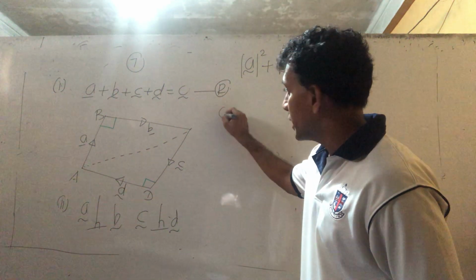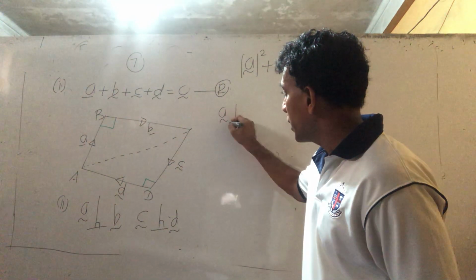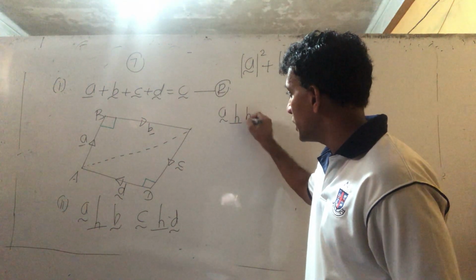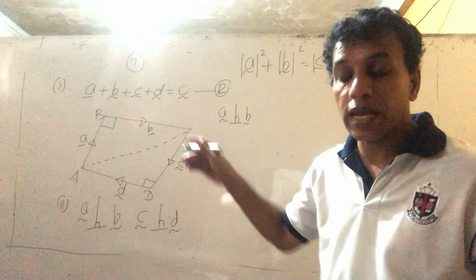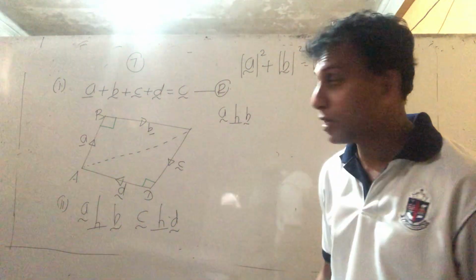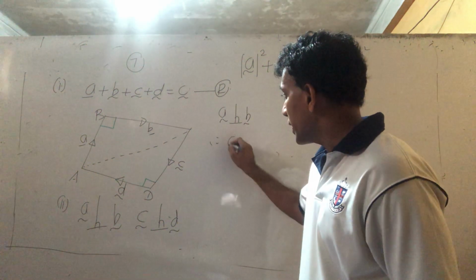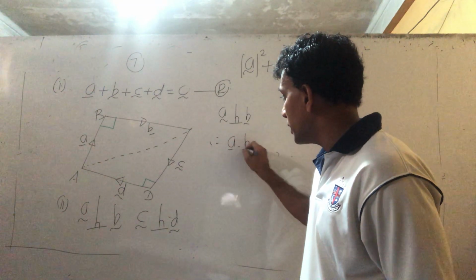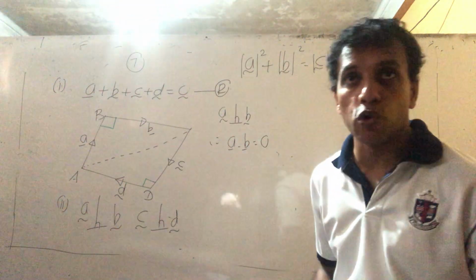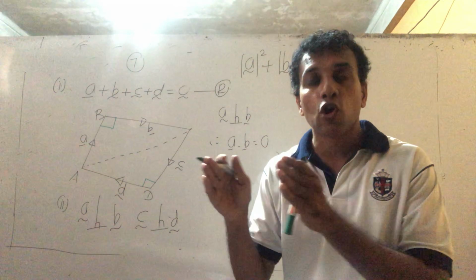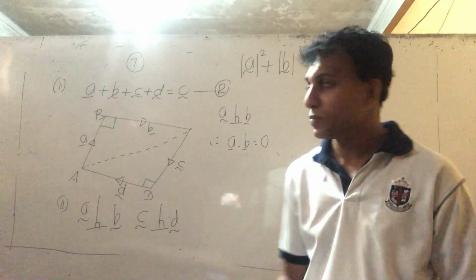Vector A is perpendicular to vector B, given that A and B are at right angles to each other. Therefore A dot B equals 0, because mod A, mod B, cos 90 is 0.